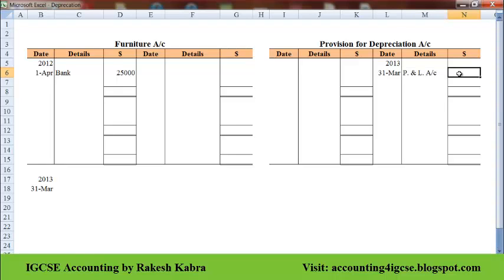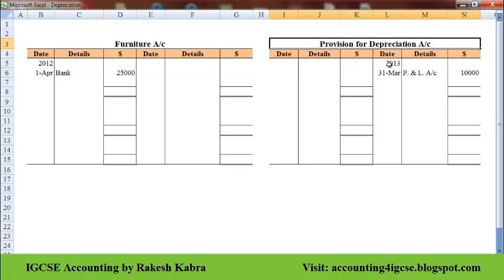Profit and loss account, how much amount? 10,000. Agree? So on the first date I bought furniture, and this is the posting of buying furniture, the entry which I passed to buy the asset. And this is the posting of the depreciation at the end of the year.